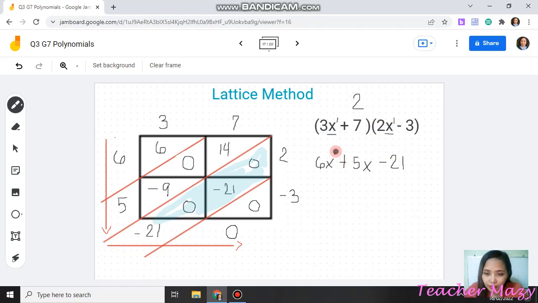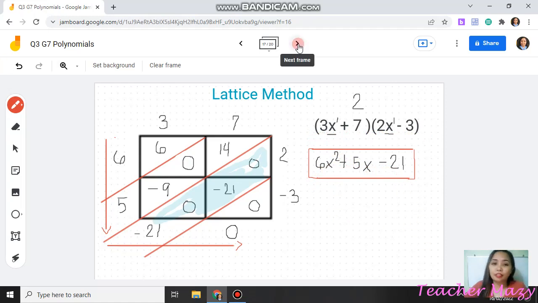So the highest degree here is 2, then 1, and then the constant. So this is the answer for this given. Again, 3x plus 7 multiplied by 2x minus 3 is equal to 6x squared plus 5x minus 21.